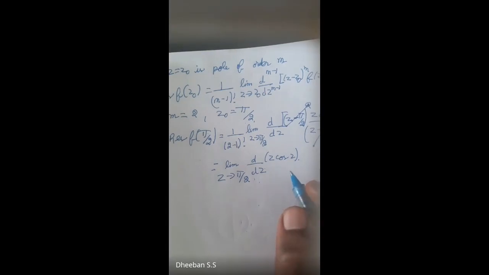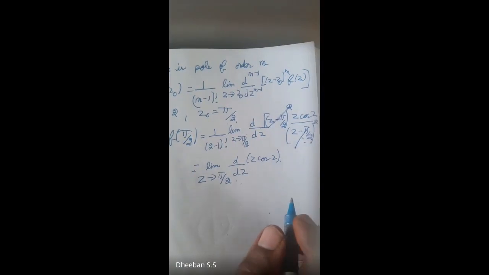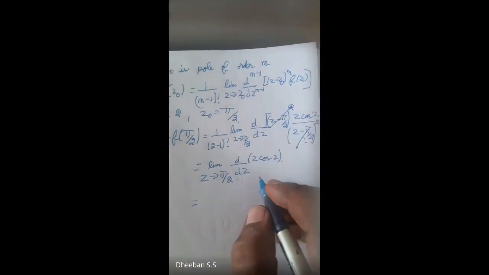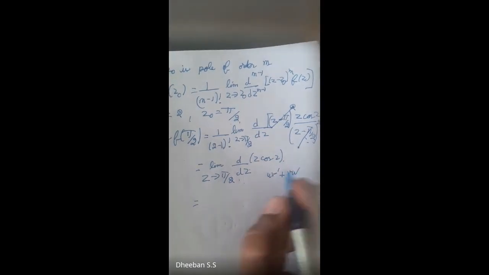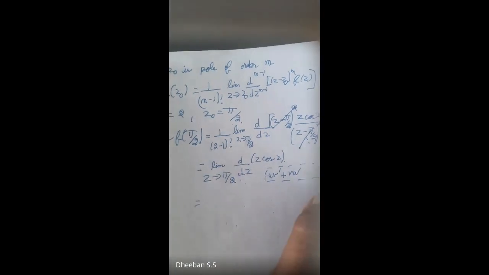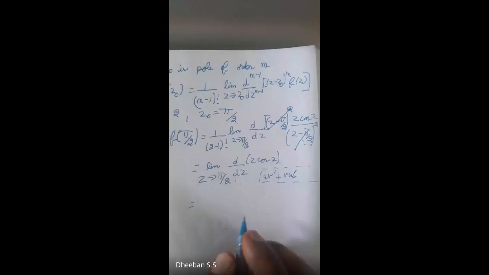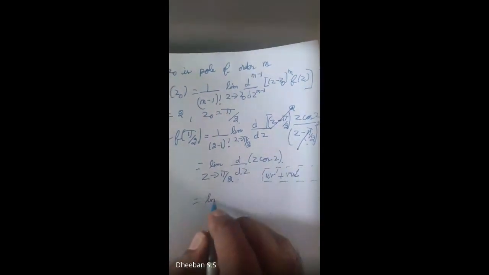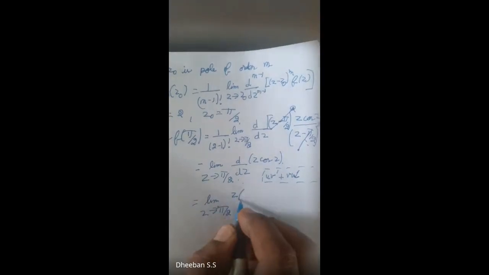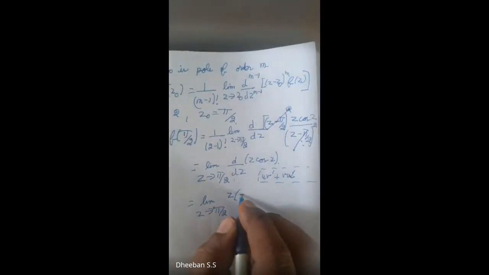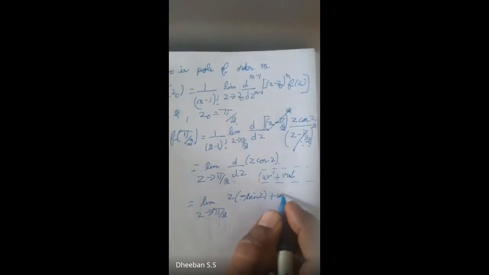Just keep that in mind. Applying that, limit z tends to pi by 2 of z into the differentiation of cos z, which is minus sin z, plus cos z into 1.